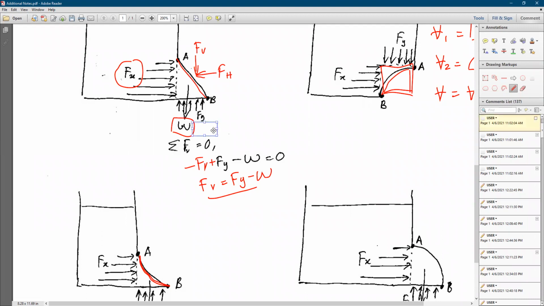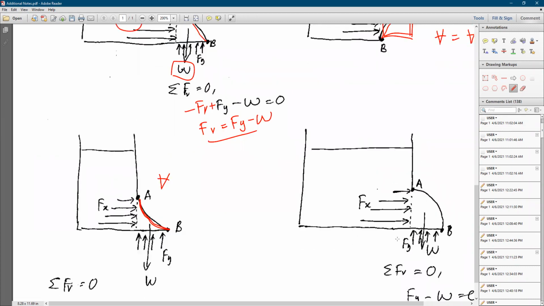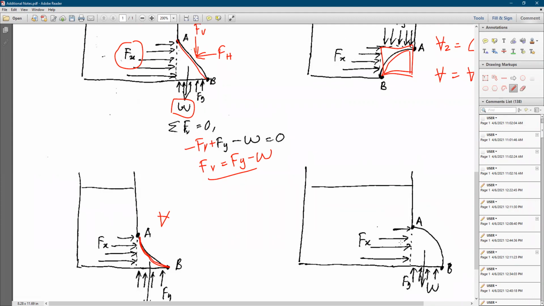Basically the volume, right? Okay, volume. And down here is actually a similar example compared to this one and this one. The same thing actually. Okay, these three are the same.